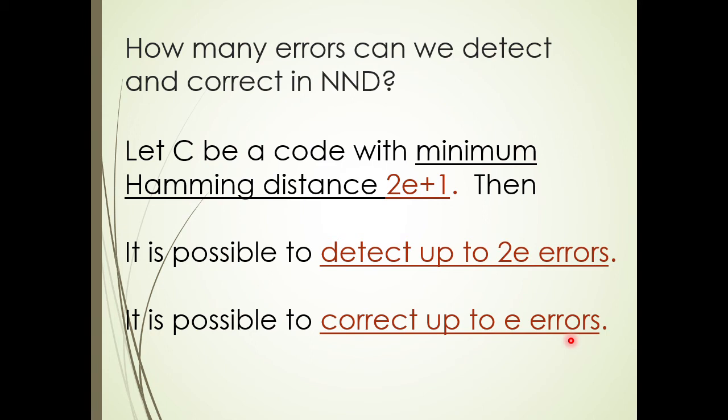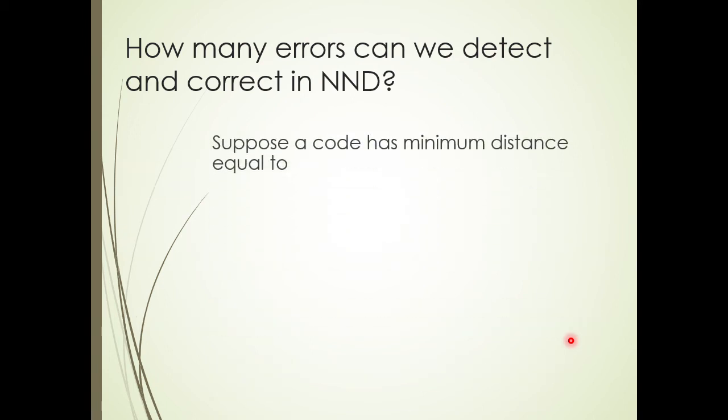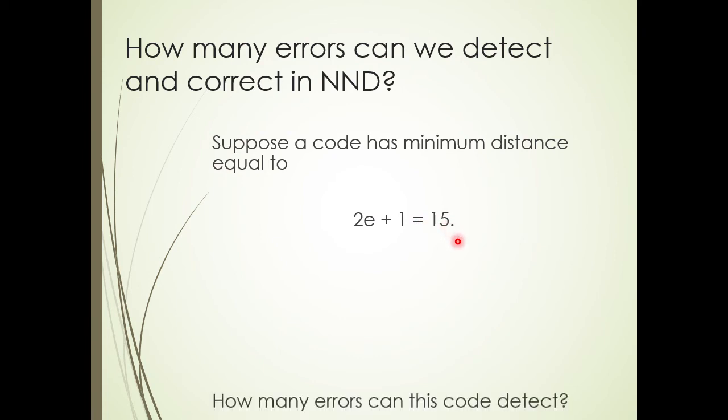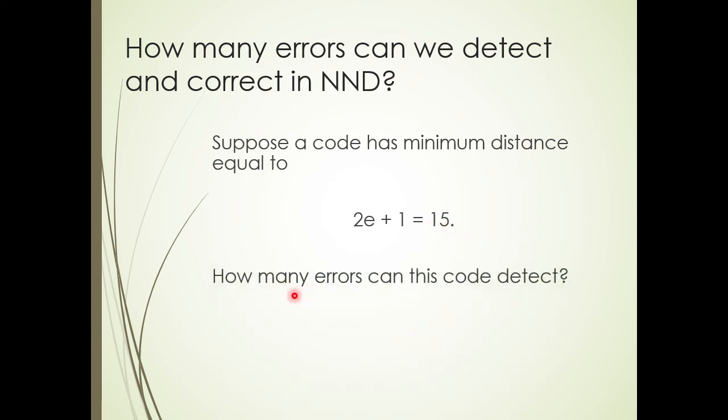Let's try this on an example. Suppose that our code has a minimum distance of 15. So this means 2e plus 1 is equal to 15. Now, how many errors can this code detect? In our previous slide, we saw that it can detect up to 2e errors. So we solved for 2e and we found that 2e equals 14.